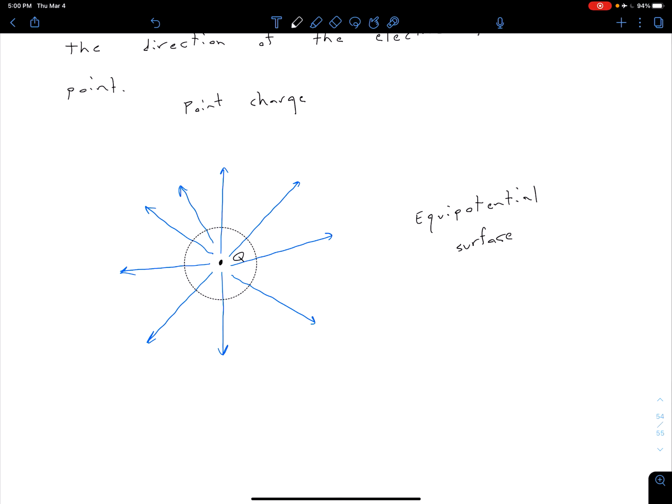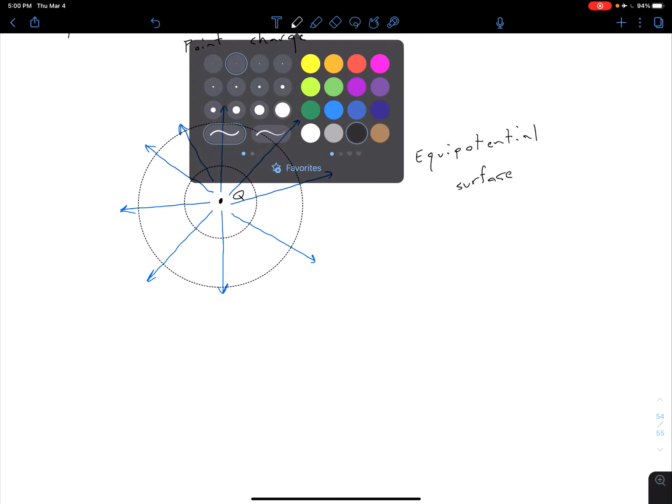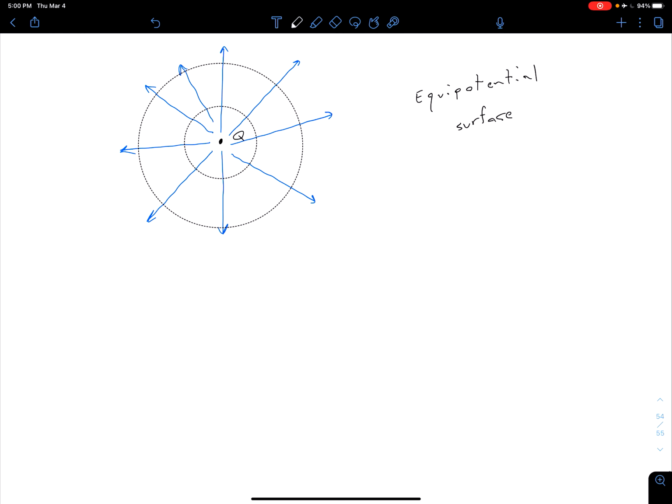We can have multiple equipotential surfaces. This is 2 dimensions, so it looks like circles, but keep in mind this is really a sphere, which is a surface along which our potential is equal. Any point on that surface is going to have the same potential. What that means is that moving along that surface, we're going to have no work done.